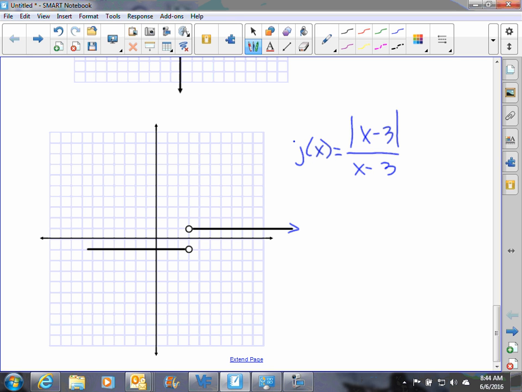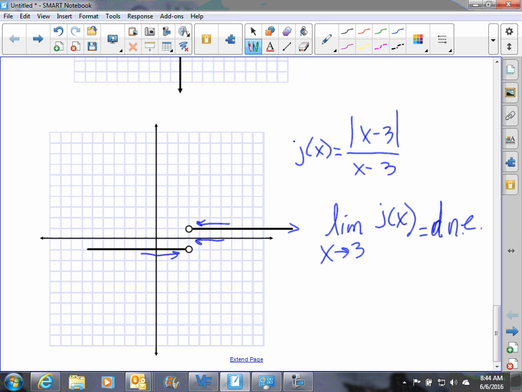Now, at 3, the limit as x approaches 3 of j of x turns out to not exist. A lot of times we put DNE, does not exist, because as we squeeze in from the right towards 3, the value is 1 or approaches 1, and as we squeeze in from the left to 3 as the input, the value actually approaches negative 1.